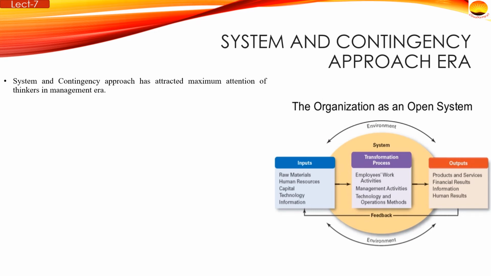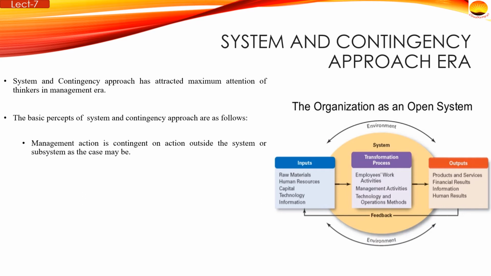So system and contingency approach has attracted maximum attention of the thinkers in the management era. The basic perceptions of system and contingency approach are as follows. Management action is contingent on action outside the system or subsystem, as the case may be. Contingency, what does it mean?